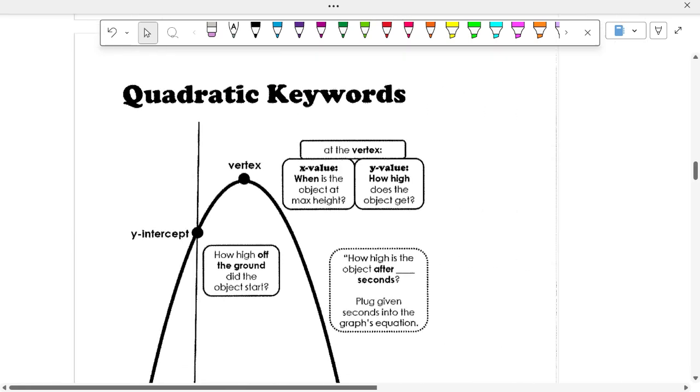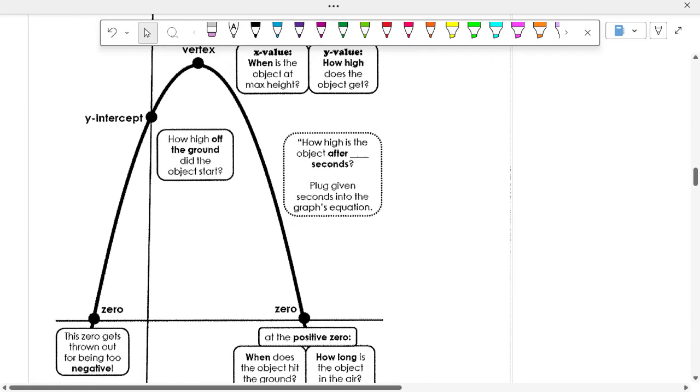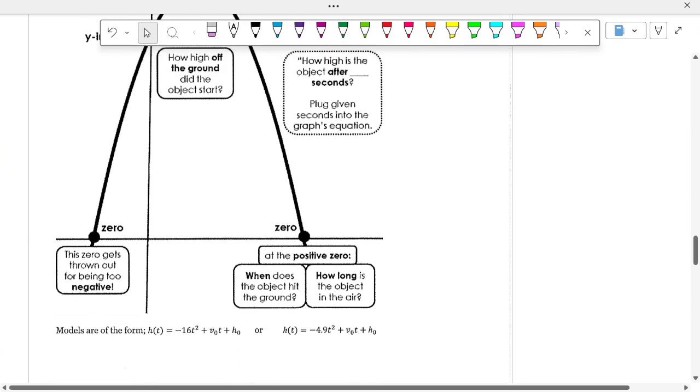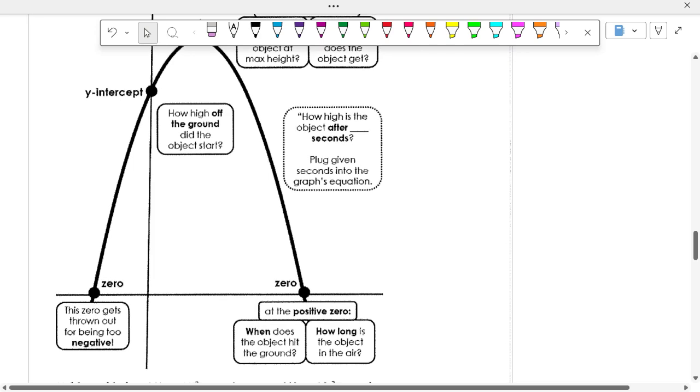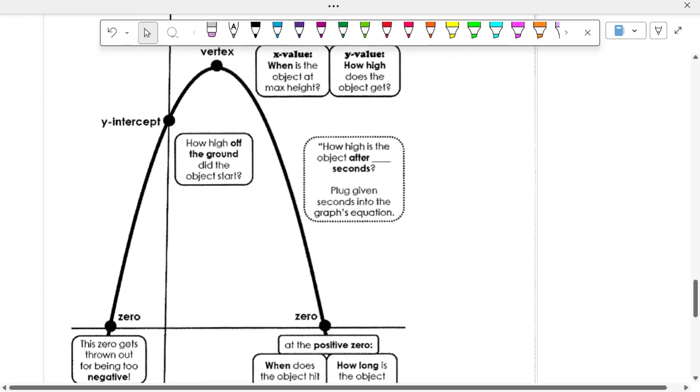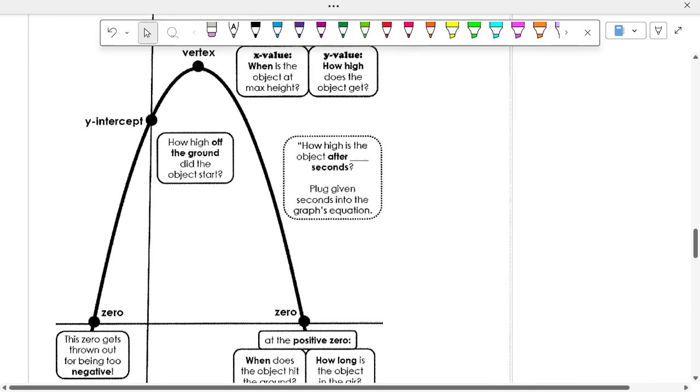So, just some features here, specifically with projectile motion. First off, this is generally what you'll see in Desmos.